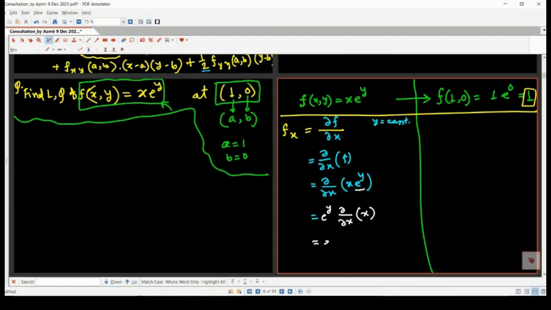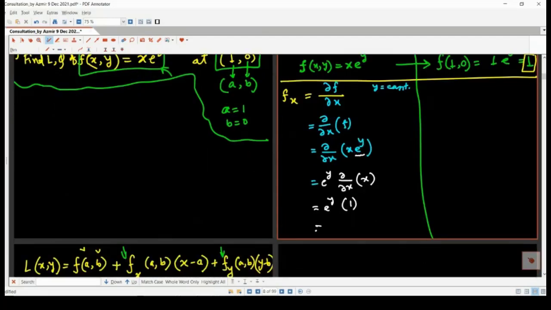Now you know that differentiation of x with respect to x is 1. So we have e power y. This is coming from this part, it is f sub x. I can say that f sub x is also written as f sub x, x comma y.